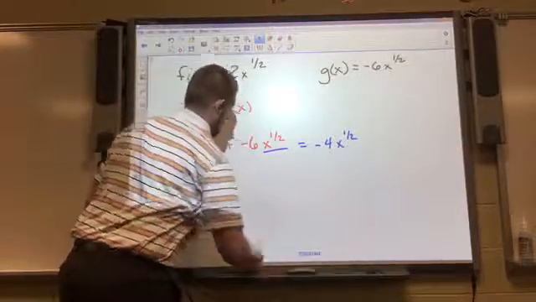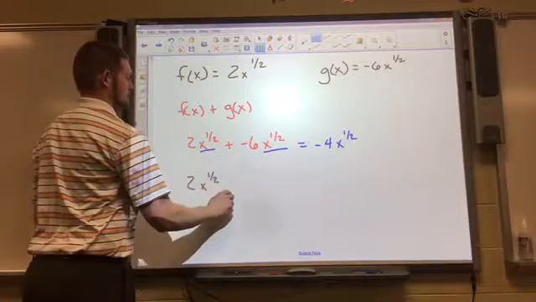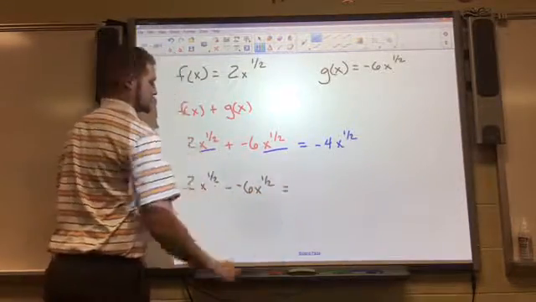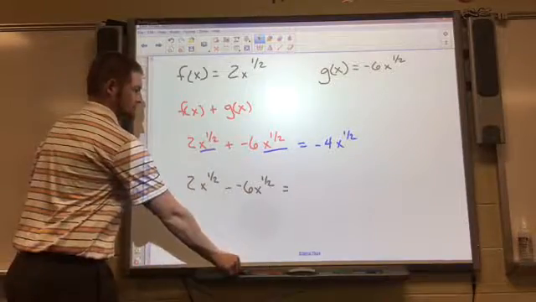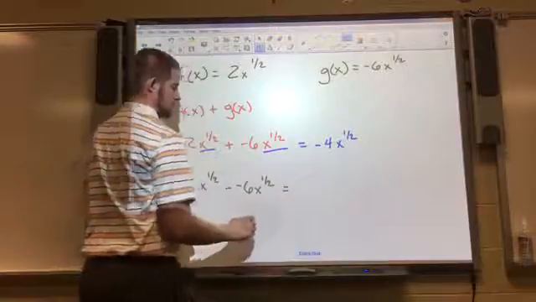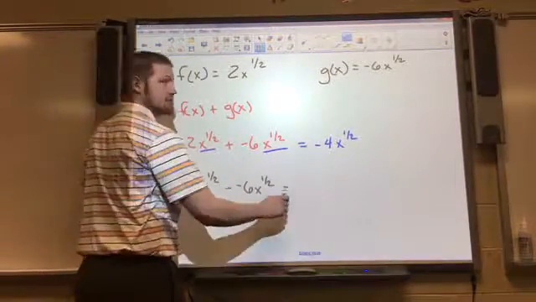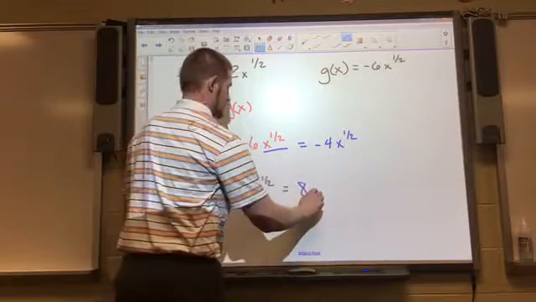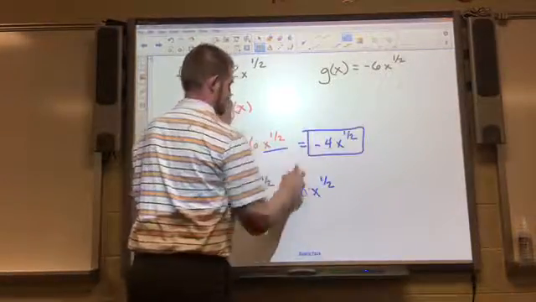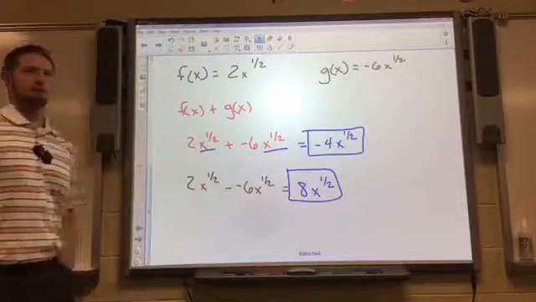So I would take 2x to the 1/2 minus negative 6x to the 1/2, which would give me 8x to the 1/2. Positive, because it's 2 minus negative, right? So there are our two answers. I found the sum on the top and the difference on the bottom.